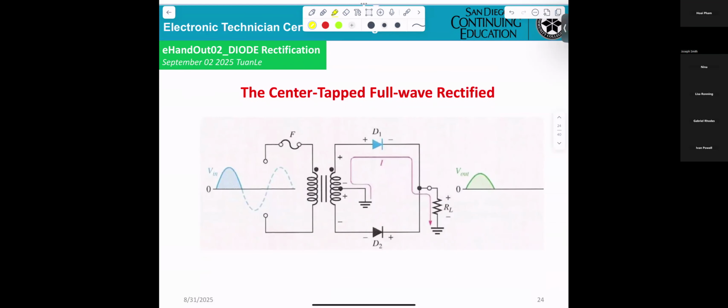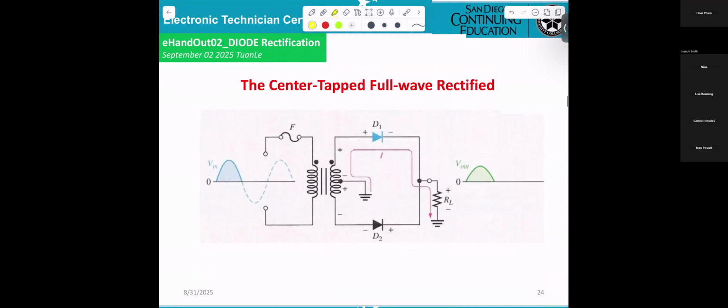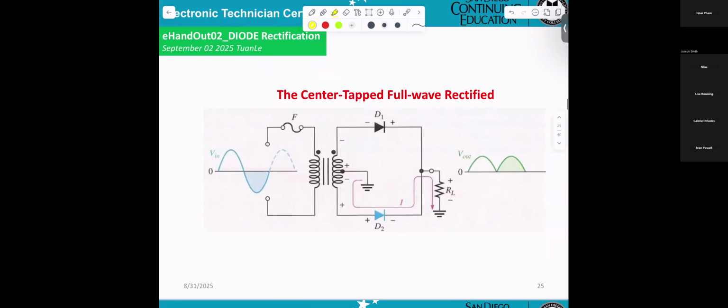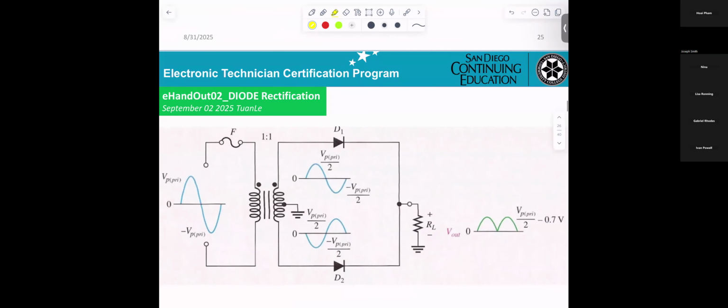And they give you more detail on what the output will look like. It will tell you which diode is on and which diode is off, and that finally tells you how the output will look. The output will be V peak primary divided by 2, minus 0.7.